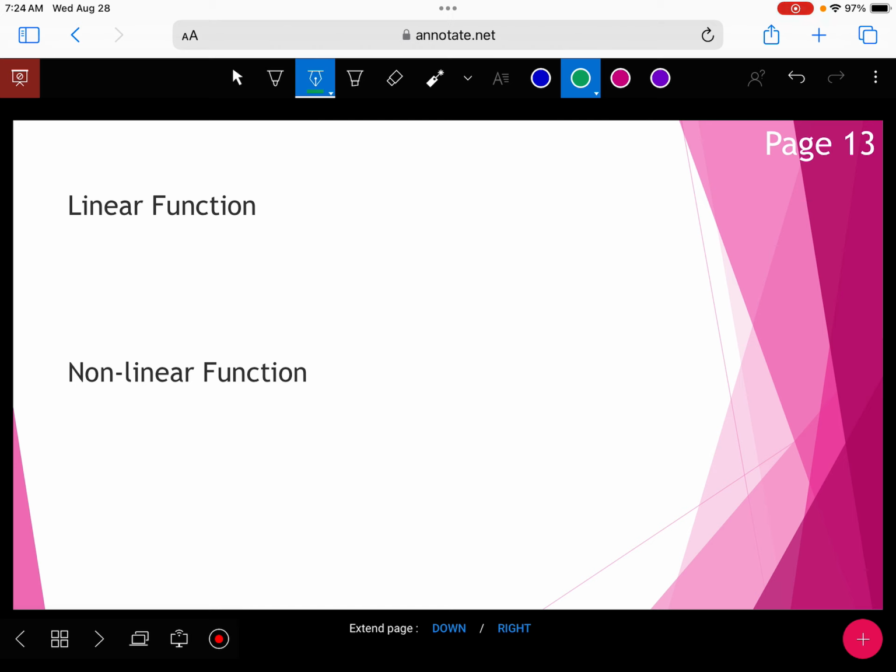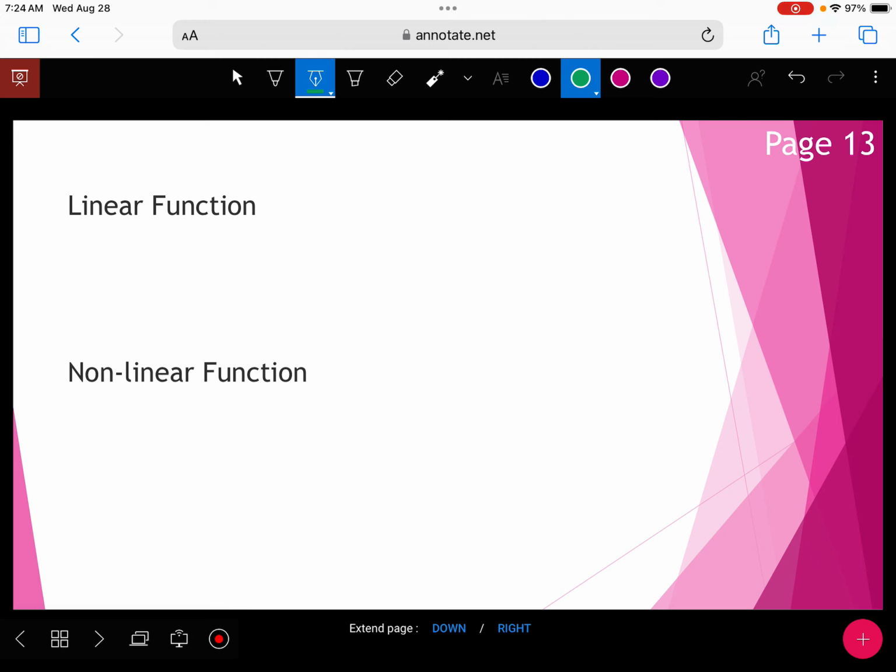So if we look at the word linear function, or even just the word linear, what might they be about? There's a clue in the word. Lines. Exactly. So if it is a linear function, it's a line.